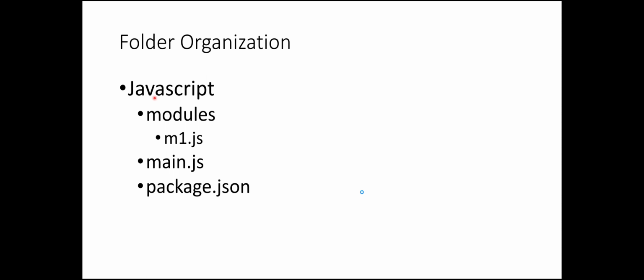I have a folder named JavaScript, and under that I have a modules folder, and in that modules folder I have m1.js, JavaScript module 1, with utility functions. Then I have main.js, which is going to be the main entry point of the project. And then I need another file called package.json that describes these JavaScript files or modules to get it to work.